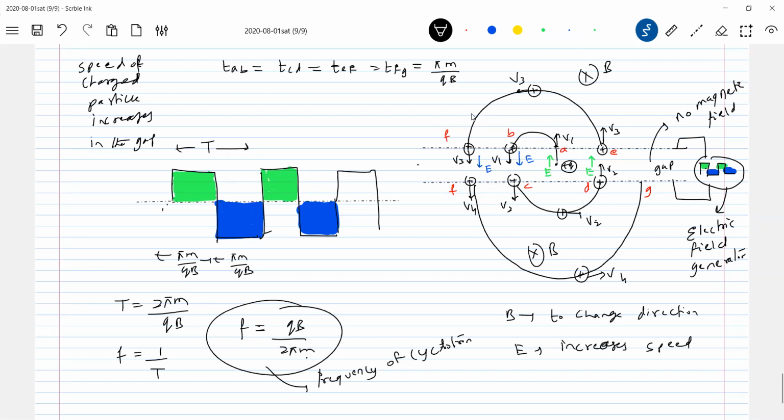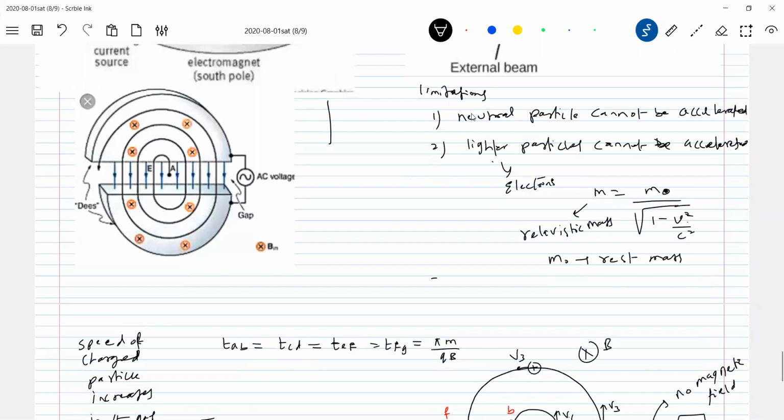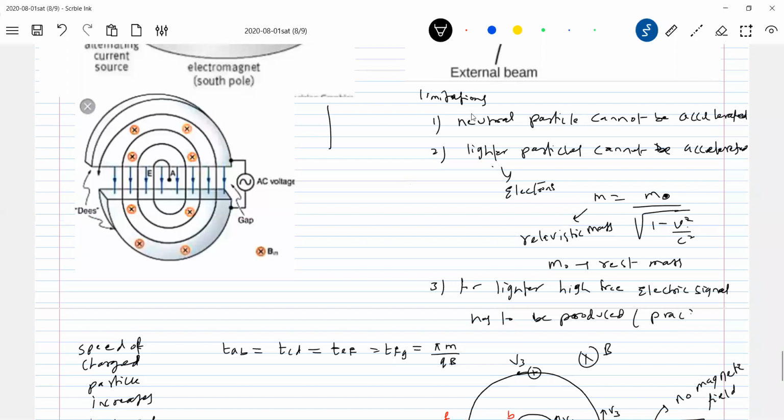So the third one: for a lighter particle, a high frequency alternating electrical signal is practically not possible. In books they didn't stress all this. These are some limitations we have for the cyclotron.